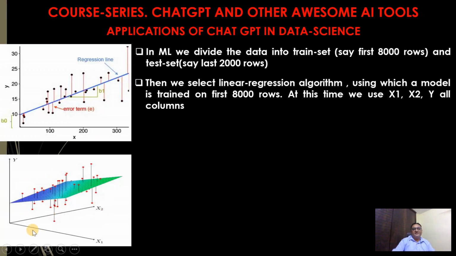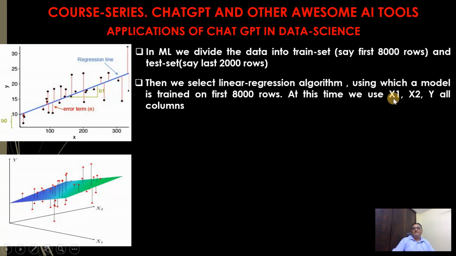And in three dimensions, like our case where the price of a house depends upon bedrooms and the area of the plot in square meter, in that case, this is the plane of fit. Okay, so we select a linear regression algorithm, and we train a model using that algorithm on this train set, that is the first 8,000 rows.